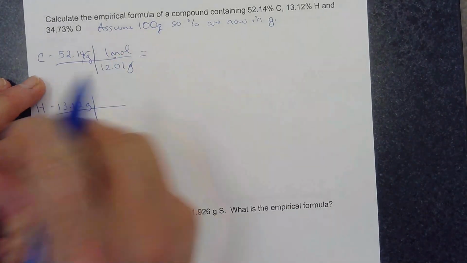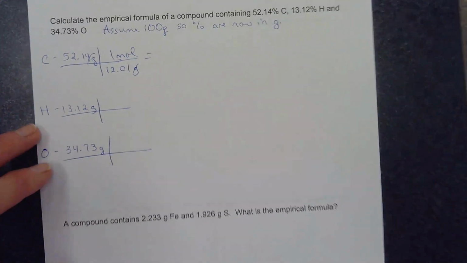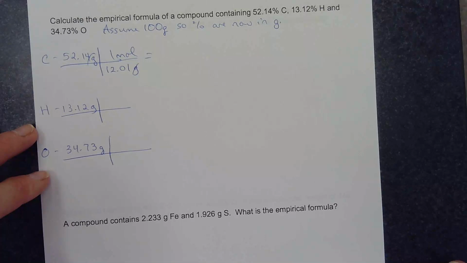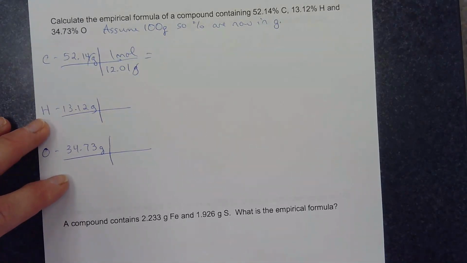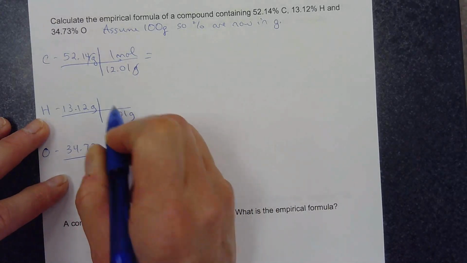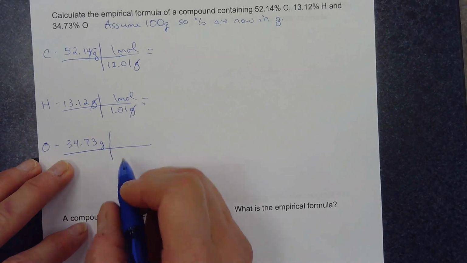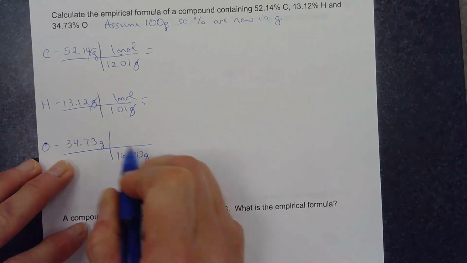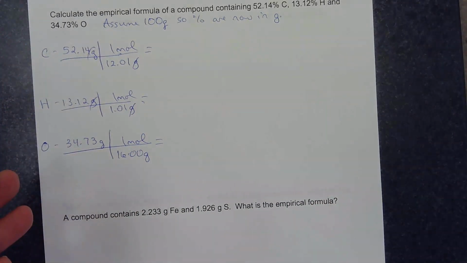This setup allows everything to stay in order so that when you get these numbers, you're going to just plug them right into a formula. That's why I do this setup. What's hydrogen? 1.01 grams per 1 mole. What's oxygen? 16 grams per 1 mole.